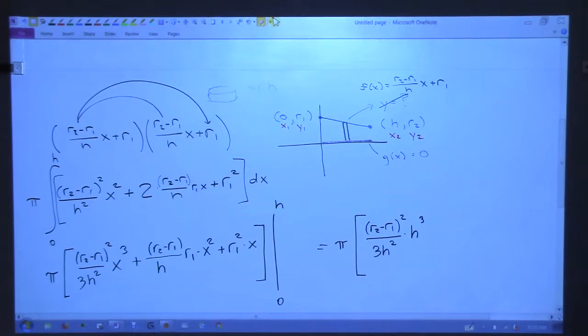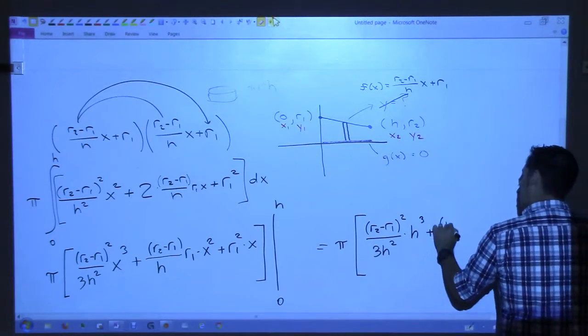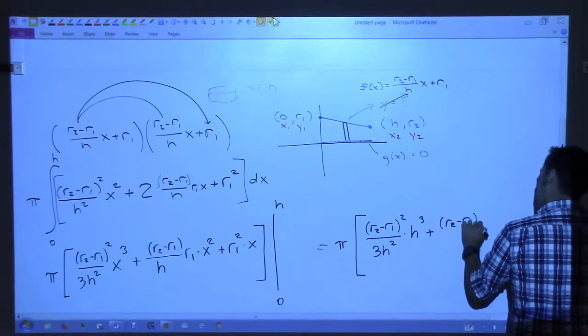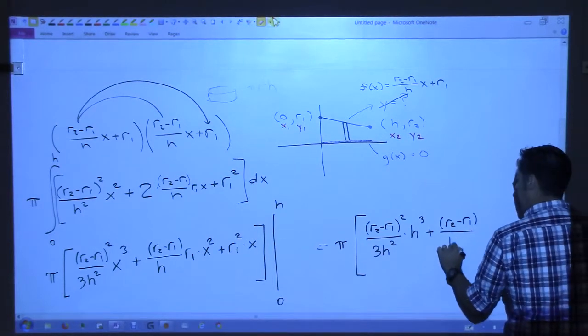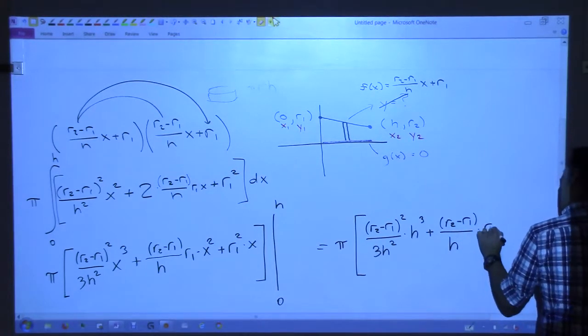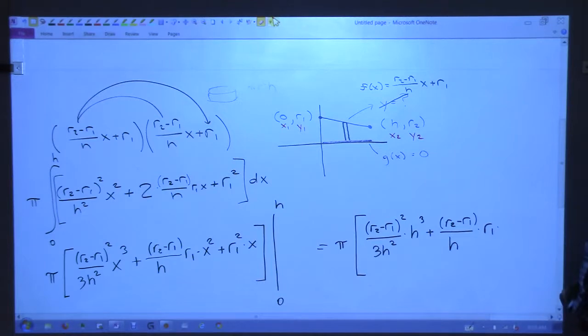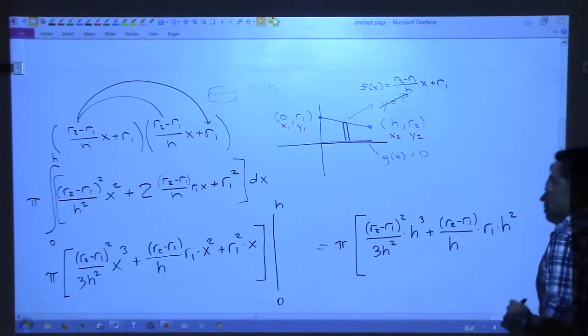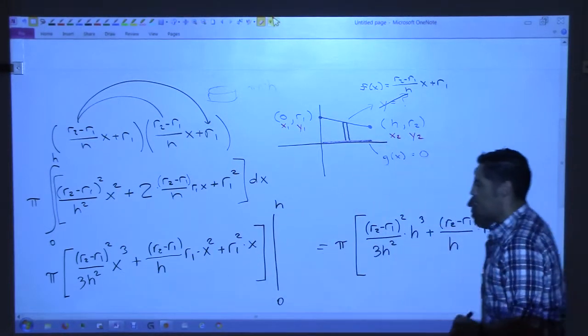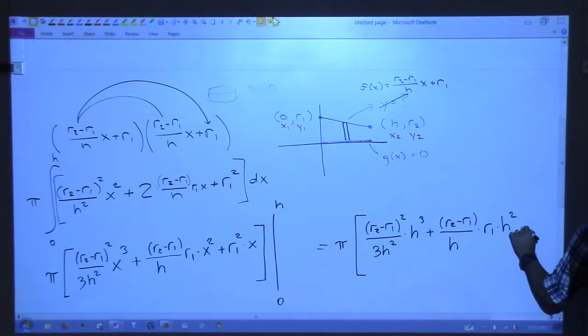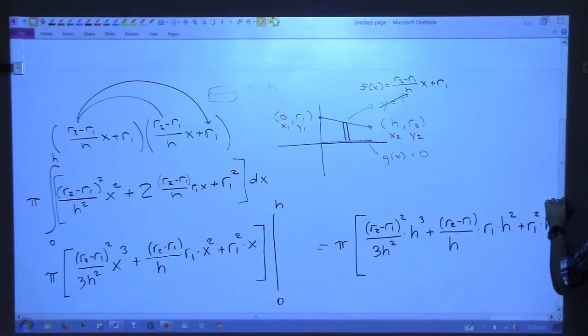Like that. And then plus r2 minus r1 over h times r1 times what? H squared. So replacing that x with h squared, or x squared with h squared. And then plus finally r sub 1 squared times h.